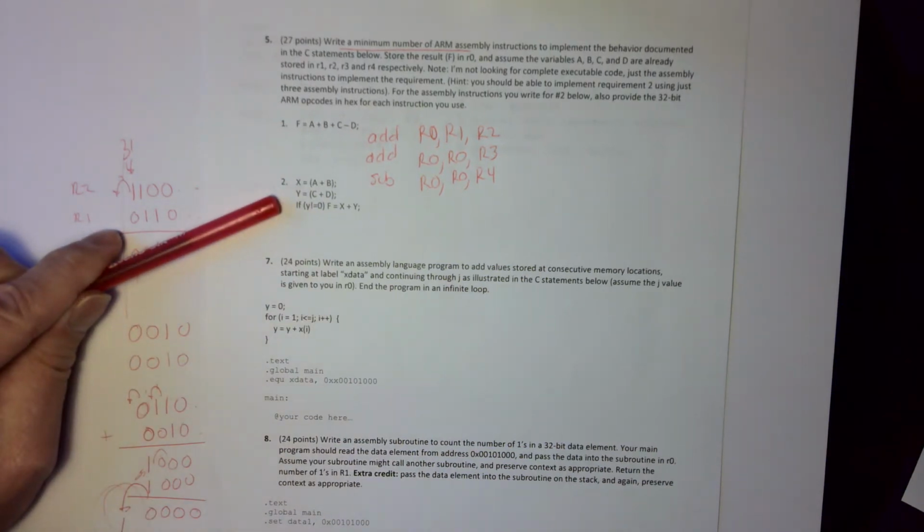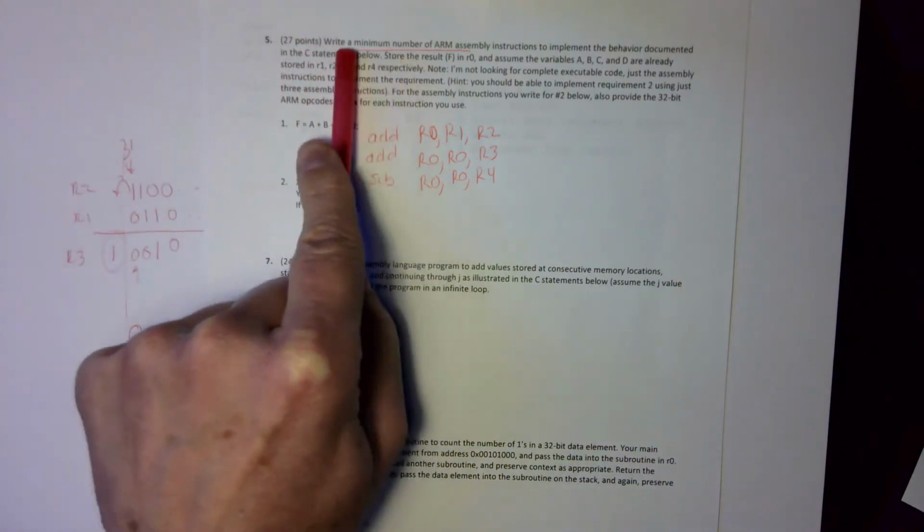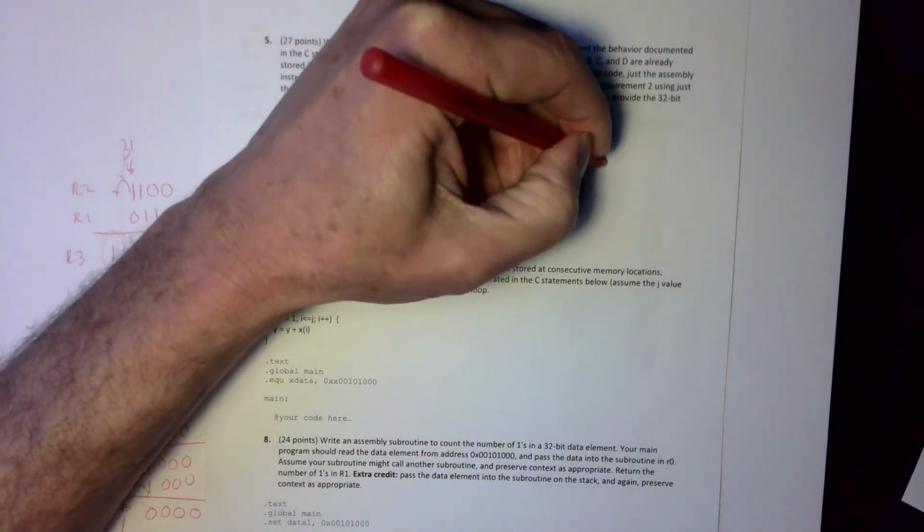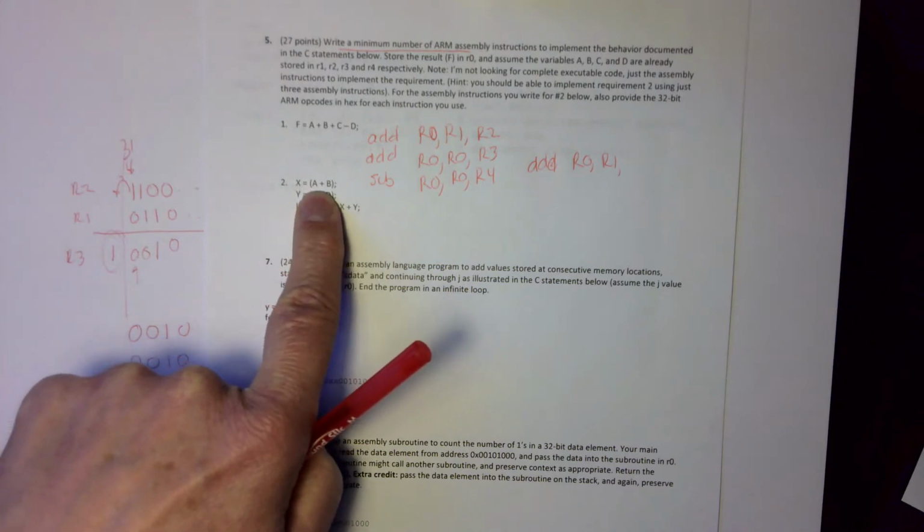Now, same idea here, but there was a little twist, which is why I wrote minimum number here: if you understood the conditional execution, you could also do this in 3 instructions. Lots of ways to do it. One way would be to add into R0 the sum of R1 and R2, because A was in R1 and B was in R2.